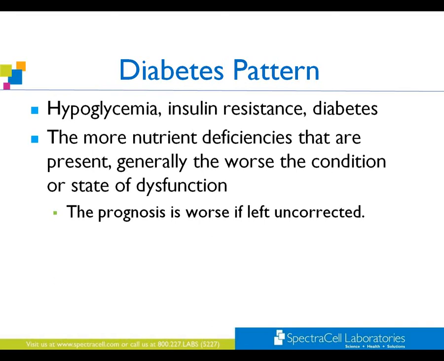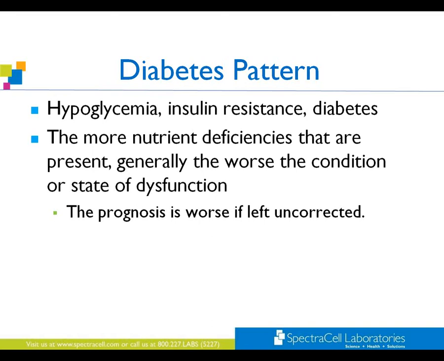That's a pretty logical correlation, and it just makes sense that the more deficiencies you have, the more impaired the cellular machine is going to be, and the less ability there is for the cells to carry out what is considered a normal, ideal role for them. If they can't carry out that role, they begin to slip further into a disease state. So the more deficiencies you see, there's to some degree a linear correlation with this.